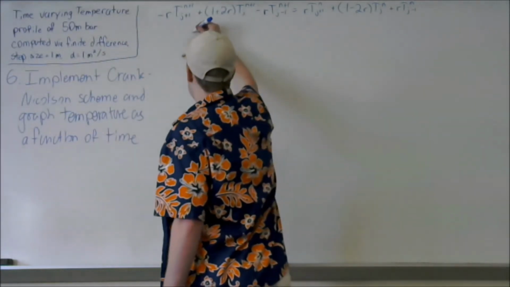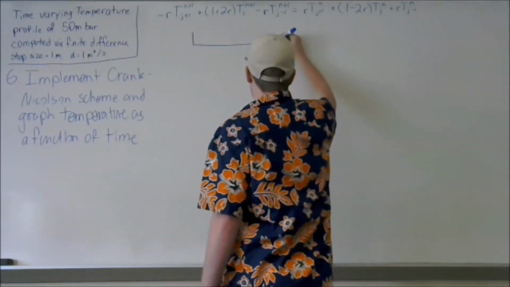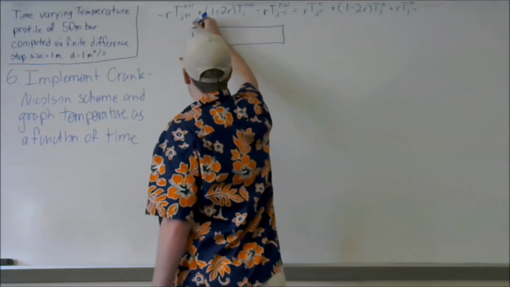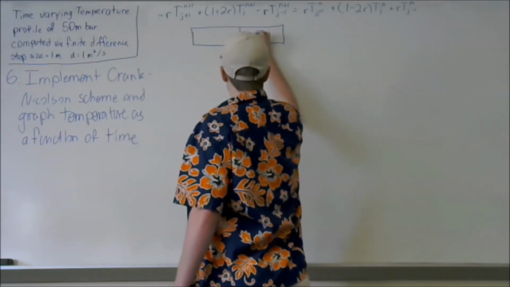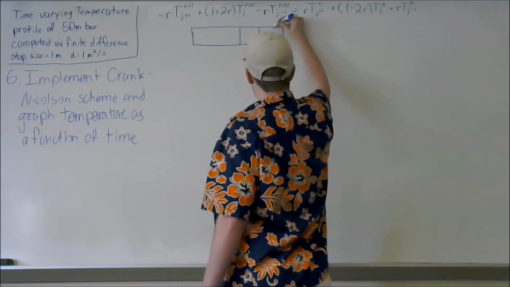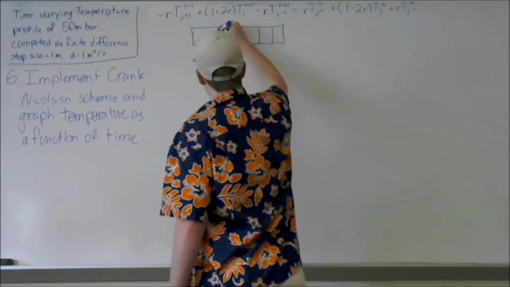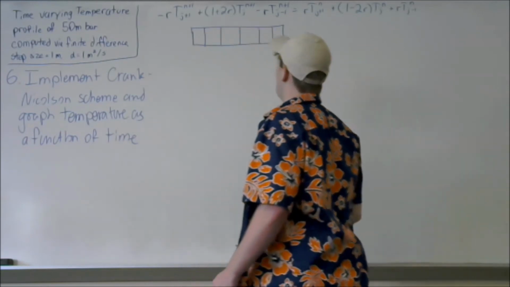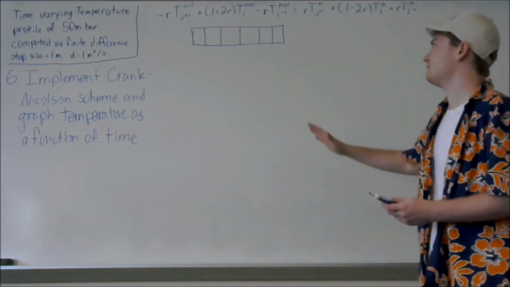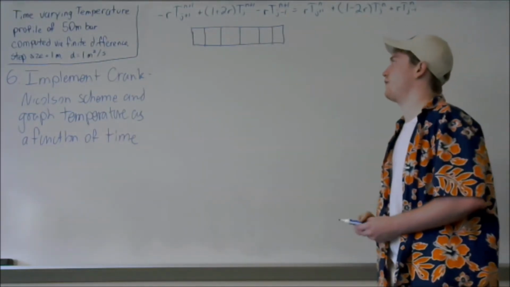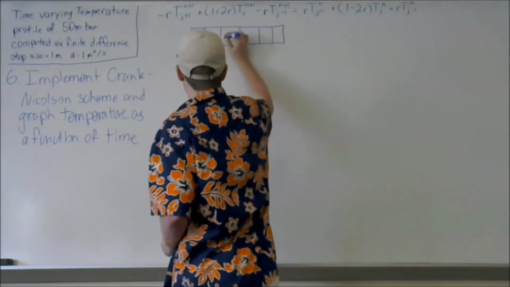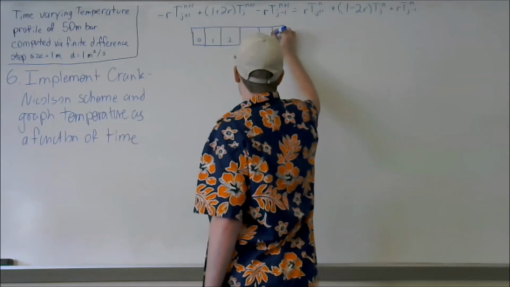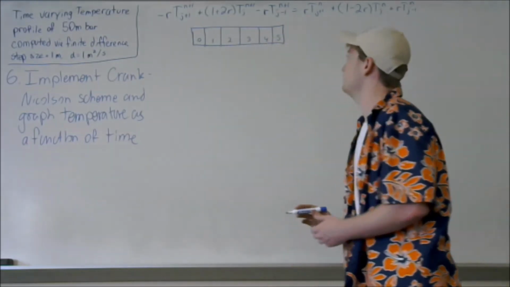So I'm going to draw a bar here. This bar is going to have 6 parts. A little middle part, and then 1 and 2, and 1 and 2. It's not perfect, but it's going to work for our example. Let's say these parts are 0, 1, 2, 3, 4, and 5.